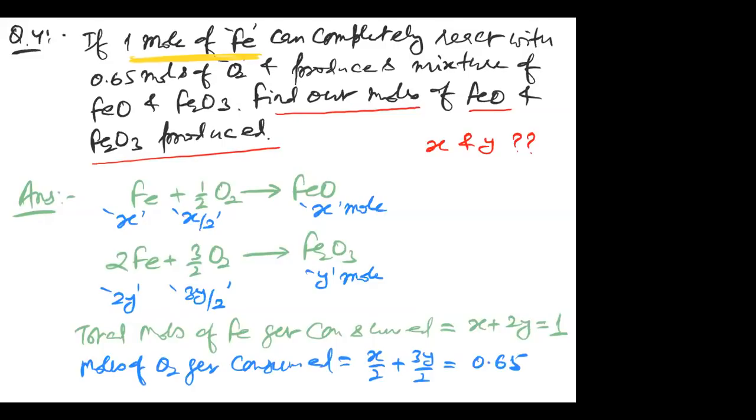Here you can simply say X plus 3Y should be equal to 1.3. Here we have two equations, this is equation 2, and this is equation 1.